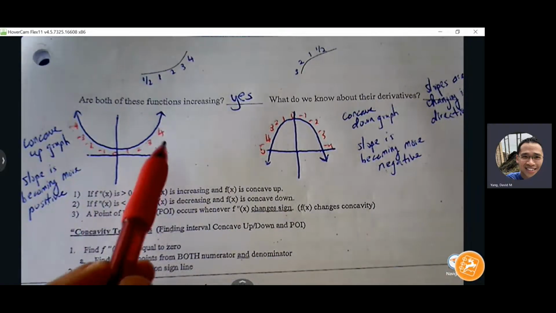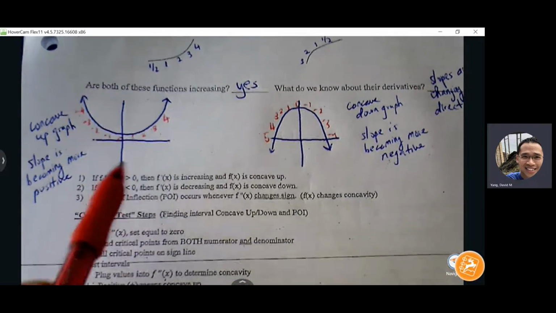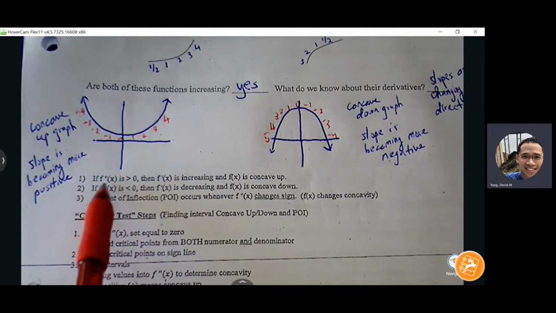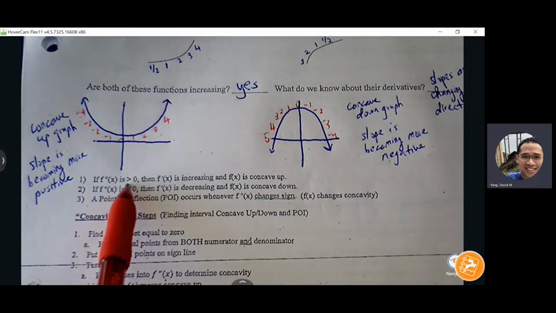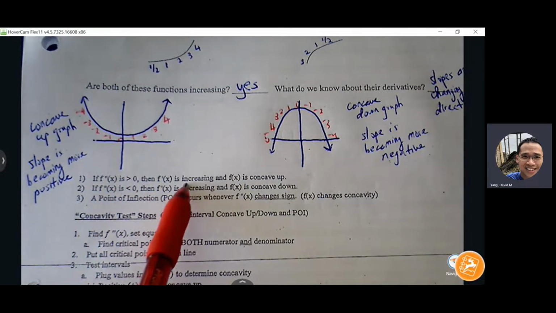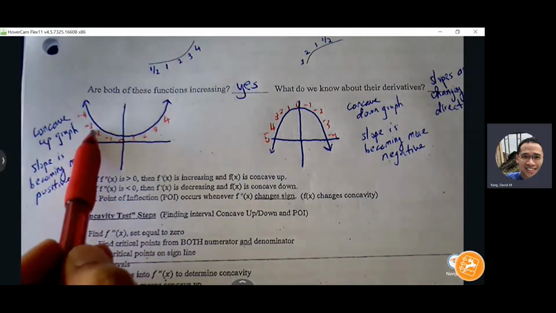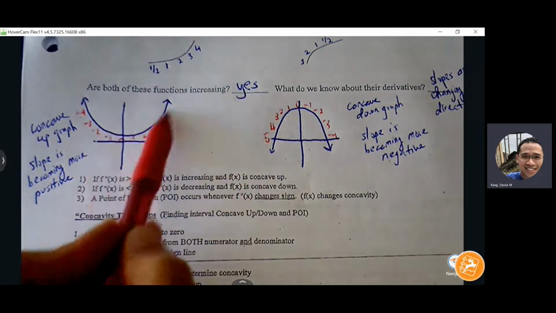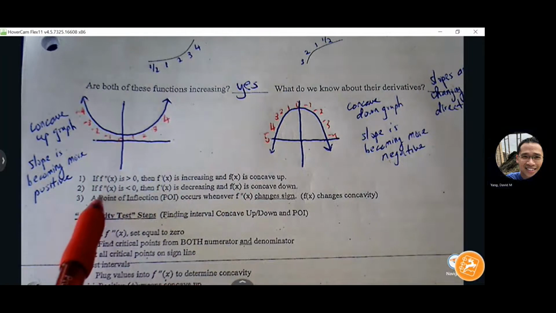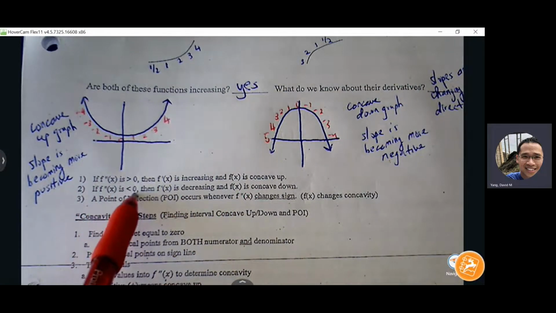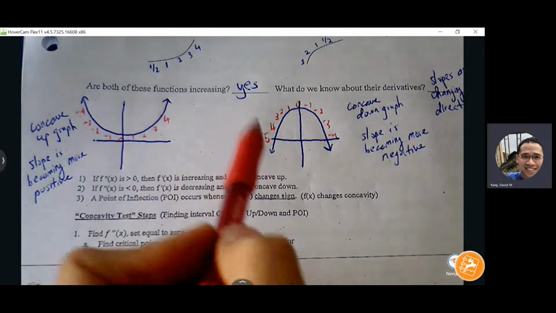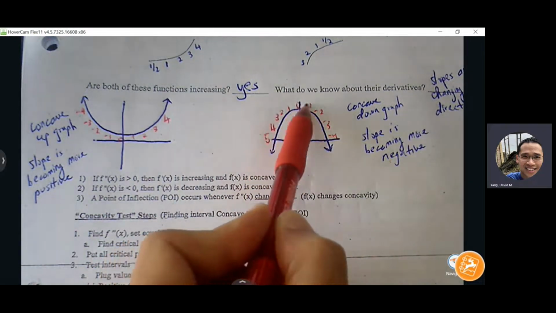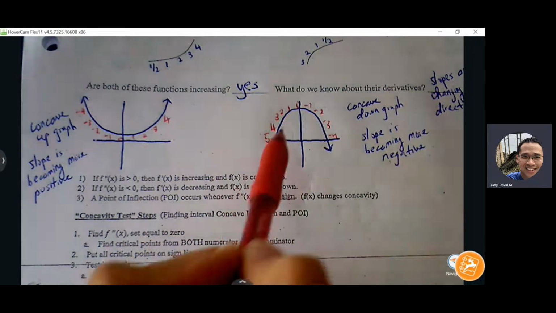All this curvature is what we can gather with the second derivative function. If the second derivative function is positive, then my f prime is increasing, my slope value is moving in the positive direction, and my function is concave up. If my second derivative function is negative, that means my f prime is decreasing, and my function is concave down.